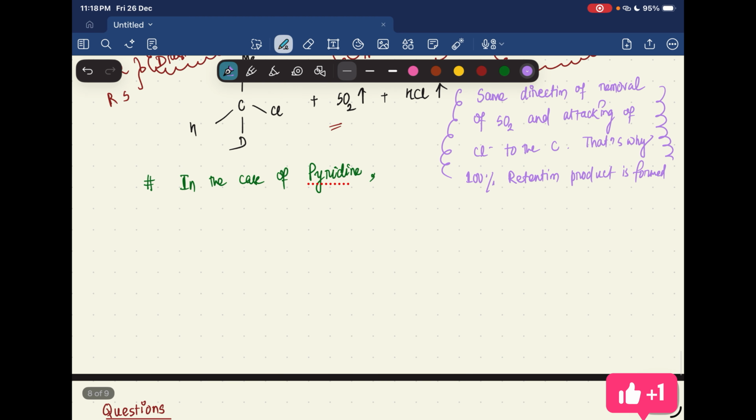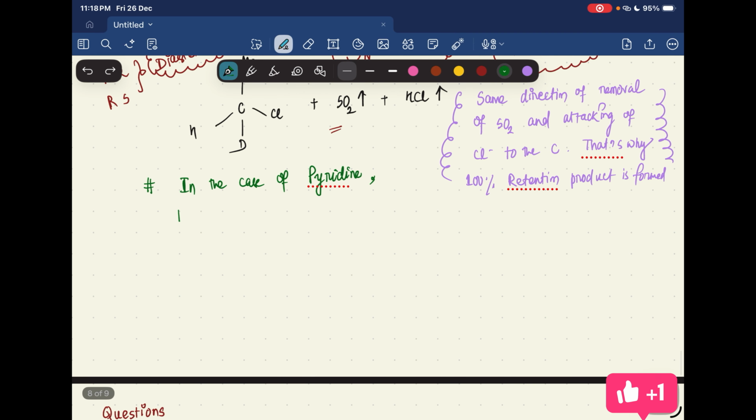In the case of pyridine, what will happen now? In the case of pyridine, the interesting thing is the inversion product is formed, followed by SN2 mechanism.